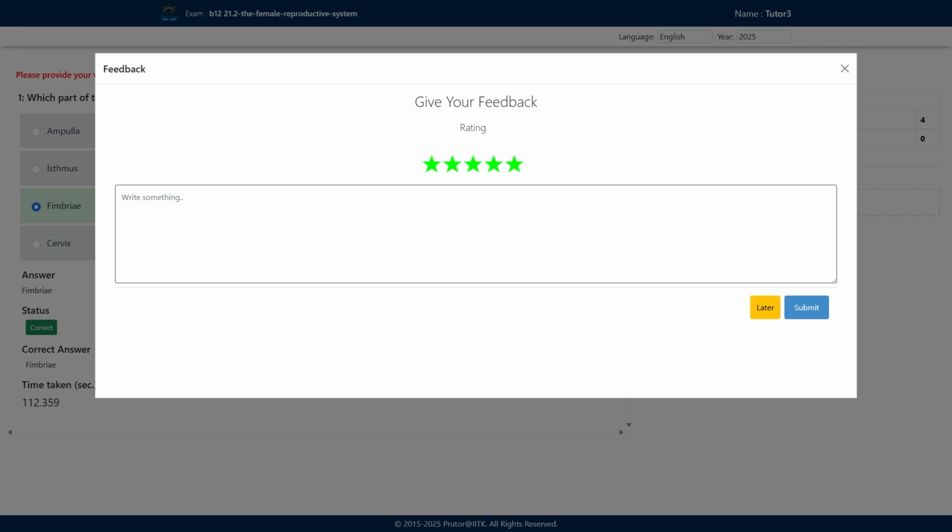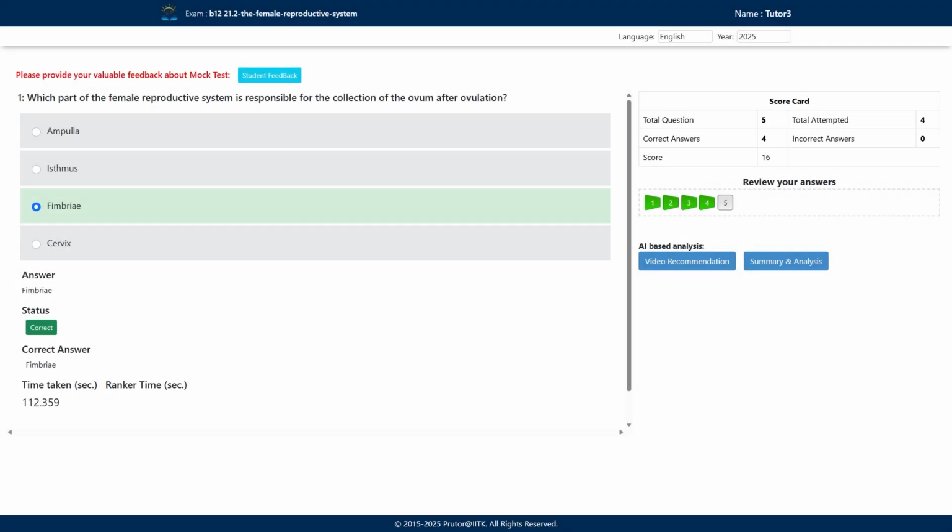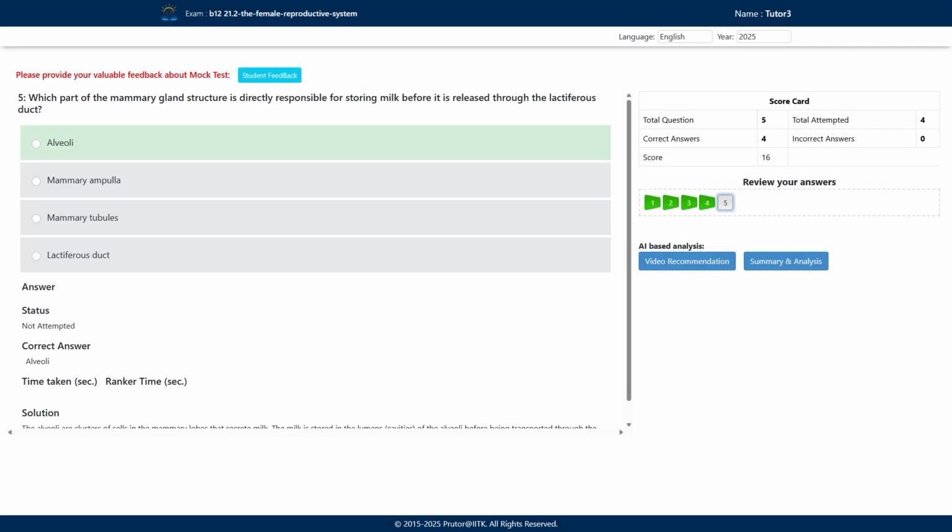Clear? Okay. So all our answers were correct. Alveoli was also correct. We were talking about the lactiferous duct. These lactiferous ducts are present just behind the nipples. And when the newborn sucks the nipples, it is sucking out the milk from the lactiferous ducts.